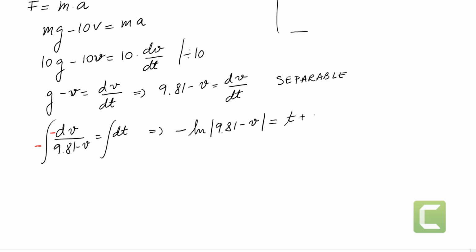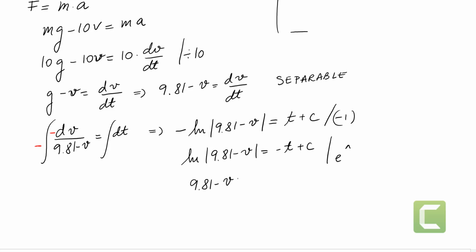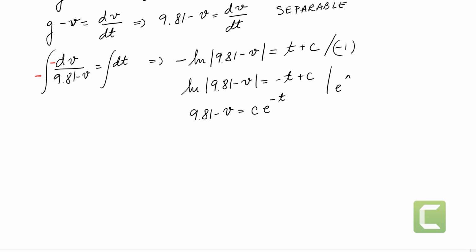Equals t plus c. I multiply by negative 1, and ln of the absolute value of 9.81 minus v equals negative t plus c. We raise e to every term, so we get 9.81 minus v equals c e to the negative t. So velocity, v of t, equals 9.81 minus c e to the negative t.